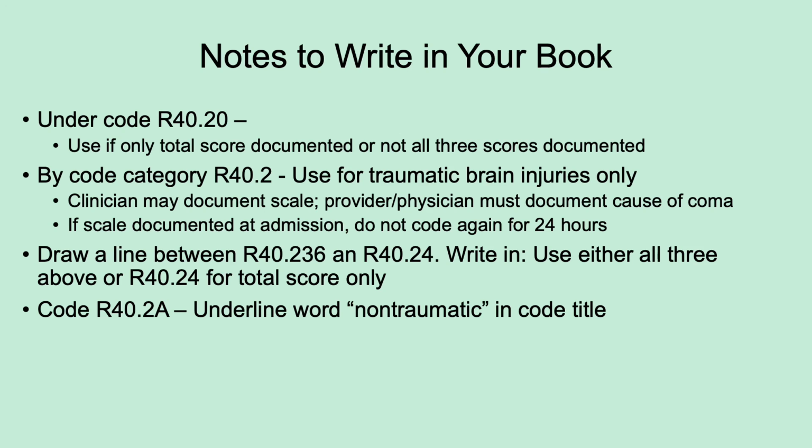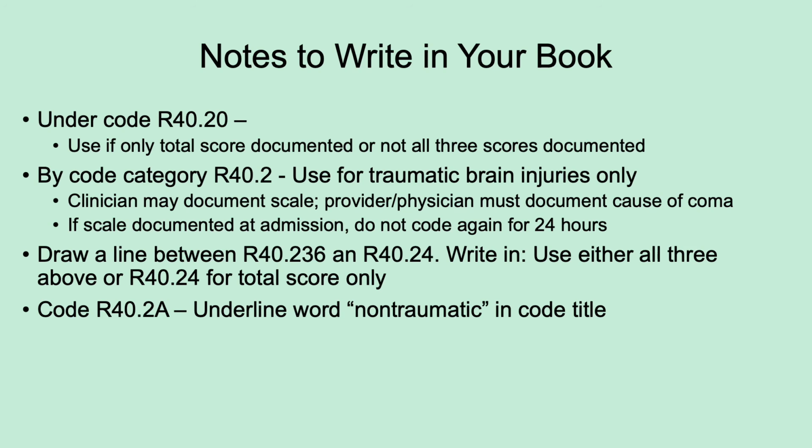So turn to code R40.2 and write in, use for traumatic brain injuries only. Clinician may document scale, provider physician must document cause of the coma. If scale documented at admission, do not code again for 24 hours. So these are the most important guidelines we talked about. So in your book, draw a line between R40.236 and R40.24.